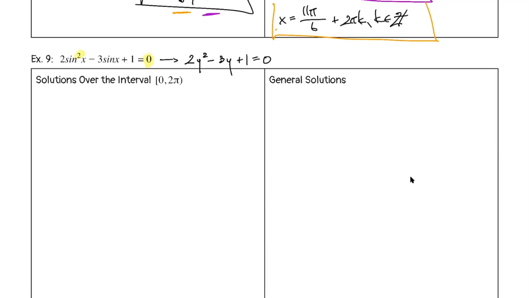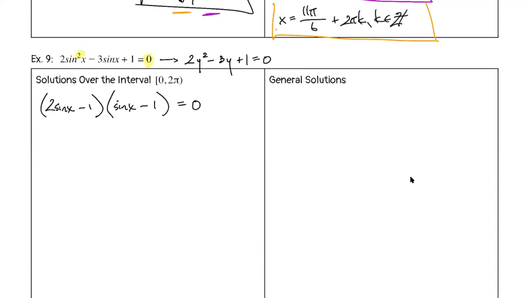But either way, we're going to use what we know about factoring. When we factor this, we should end up with 2 sine x minus 1 and sine x minus 1 equals 0, okay?